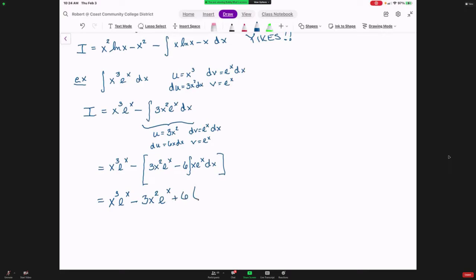Now, let's not do integration by parts again on x e to the x. We do this integral so much, you just start to have it memorized. x cubed e to the x minus 3x squared e to the x plus 6x e to the x minus 6 e to the x plus a constant c.